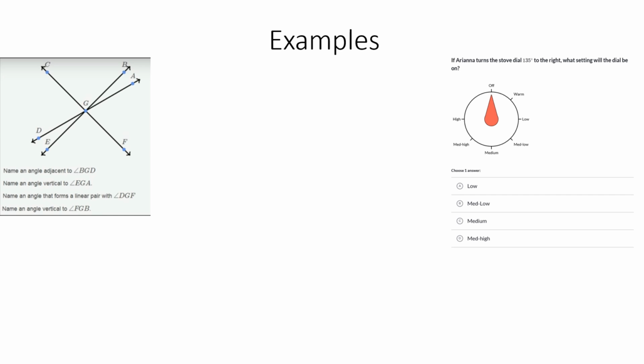We know that half of 90 is 45, and 90, which is right here, low, plus 45 is going to be 135. So it's going to come out to be med low. So B is your answer.